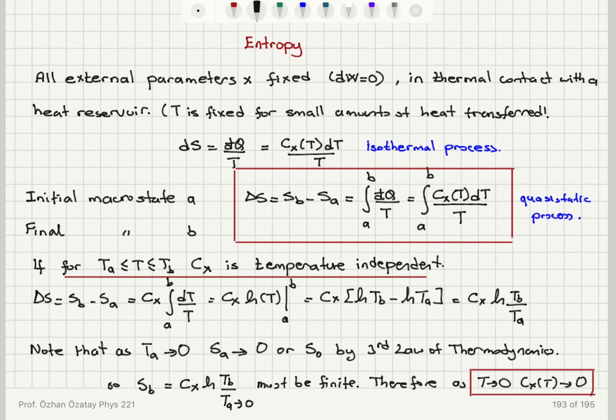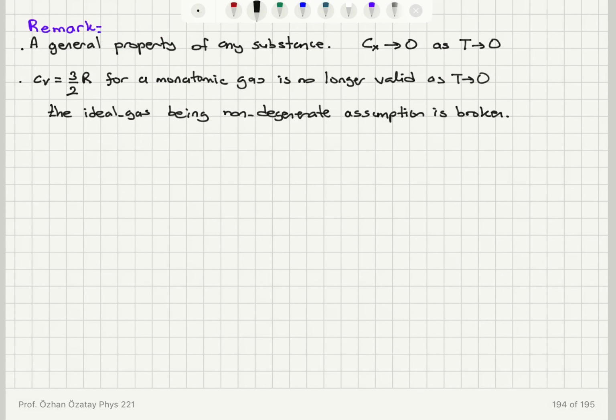That's the only way you can get a finite answer from this formulation. And that's a general property of any substance. If the temperature is too low, the heat capacity must be decreasing. So heat capacity in general must be considered as a temperature dependent quantity.